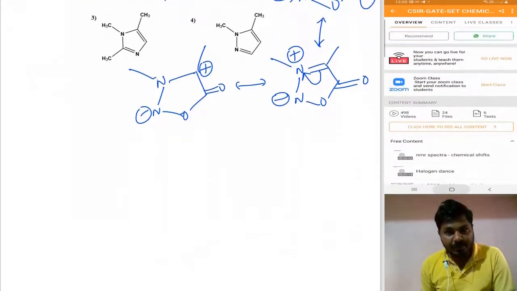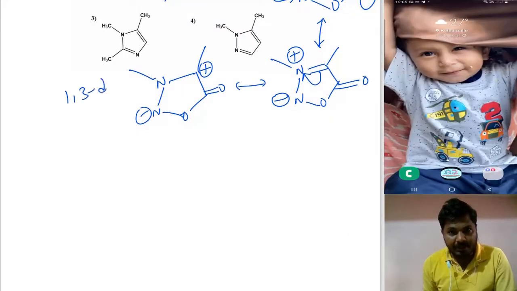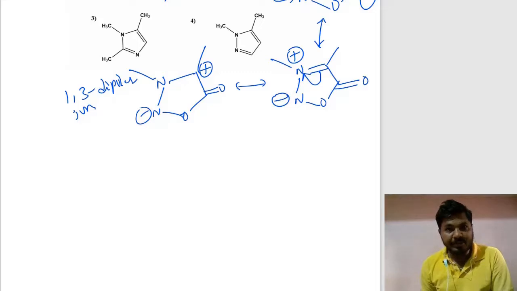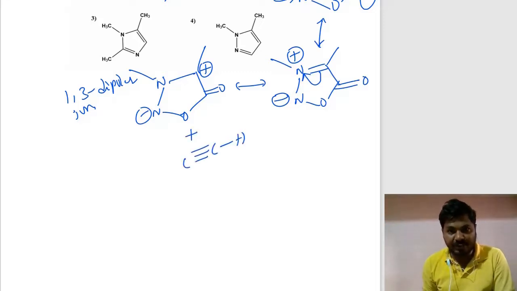Here, this is the 1,3-dipolar ionic form, or what we can say 1,3-dipolar structure. So this 1,3-dipolar structure is going to react with acetylene. So we have taken acetylene in the reaction.